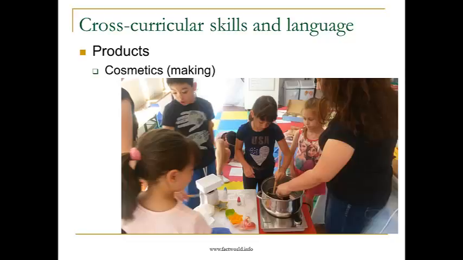The children make cosmetics. Here Mimi is stirring some melting soap blocks that we then coloured and perfumed and added other ingredients like seeds and petals to, and so the children can make their own personalised soaps.